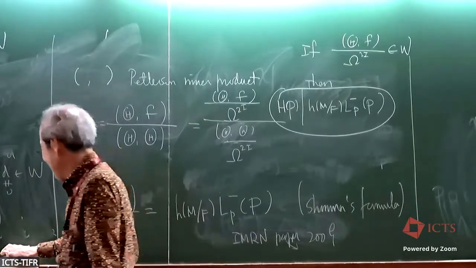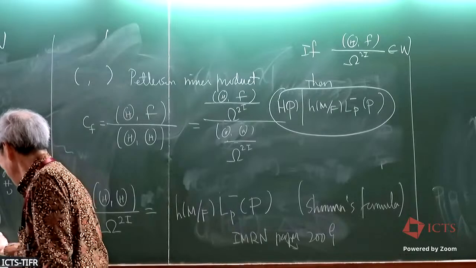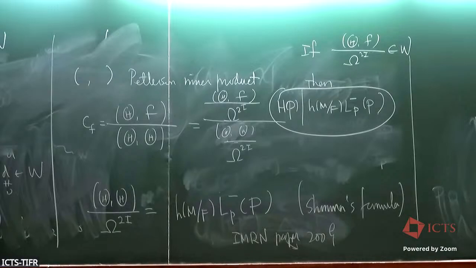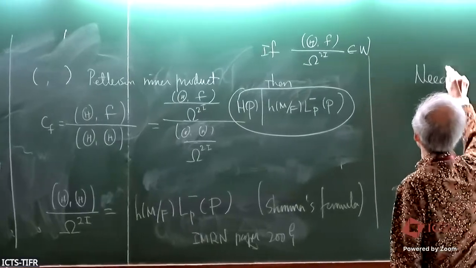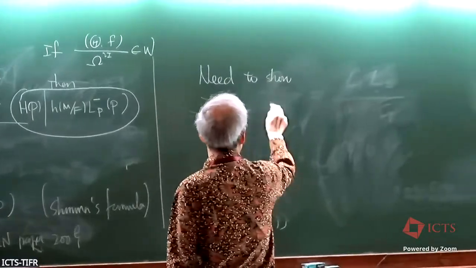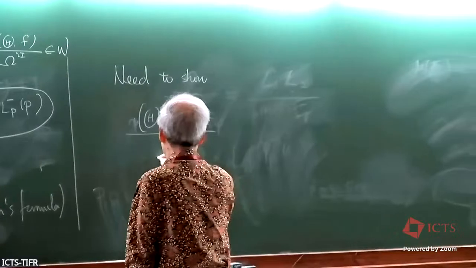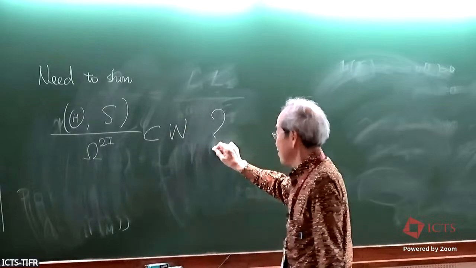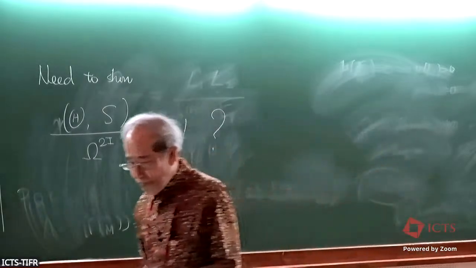So for all F, not just a single F. Any questions? Okay, so what I need to show is the set theta with this set as space of modular forms, I is in W. So this is the question. How can you do that?